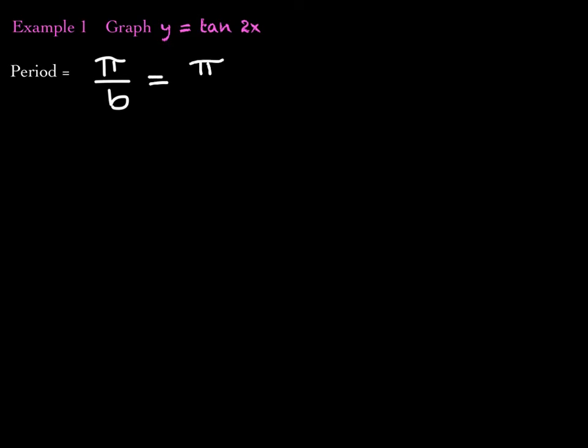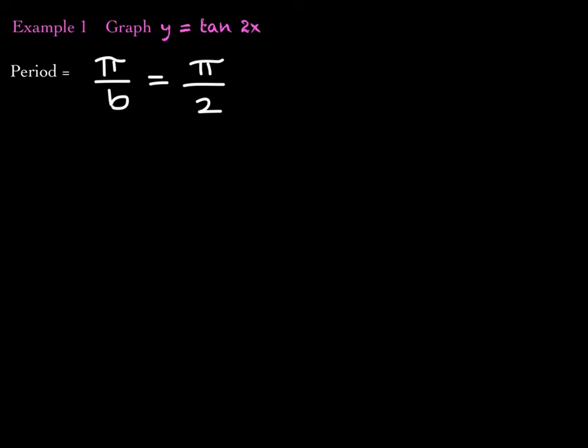In this example, your b value, which is the coefficient of your argument x, is 2. So your period is pi over 2. That makes sense to what we just said a second ago, that this was going to be a horizontal shrink. So instead of the period being pi, it's now shorter than that. It's pi over 2. So this makes sense.